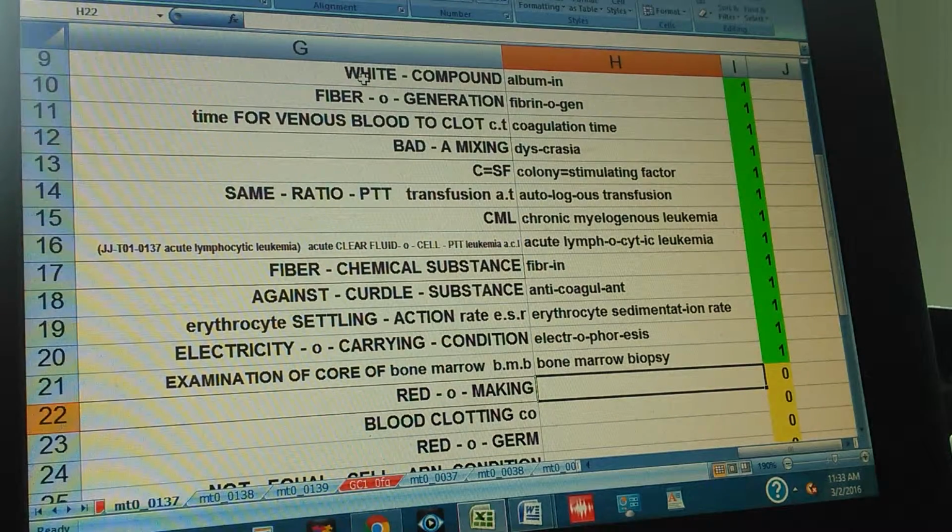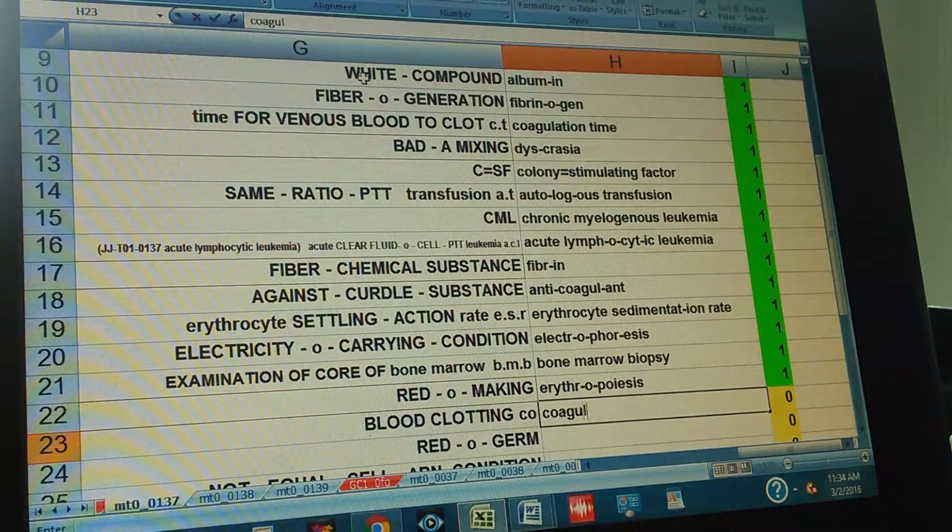Red, O, making. Erythropoiesis. Blood clotting, and this is the definition of a medical term. Blood clotting, and the term starts with CO. Coagulation.